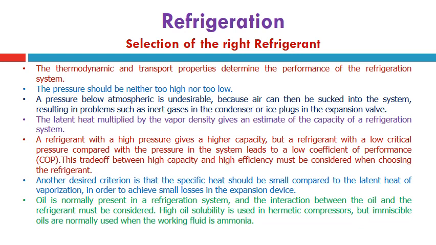This trade-off between capacity and efficiency must be considered when choosing the refrigerant. It is your responsibility as a designer of a certain system to compromise between the selection of the equipment and the refrigerant, and its capacity and efficiency, based on initial cost and running cost. Another desired criterion is that the specific heat should be small compared to the latent heat of vaporization in order to achieve small losses in the expansion device.